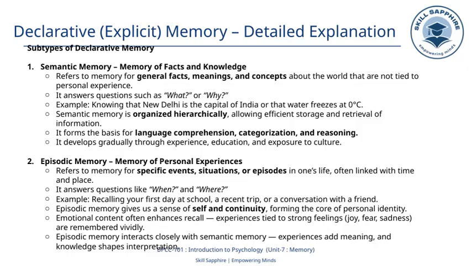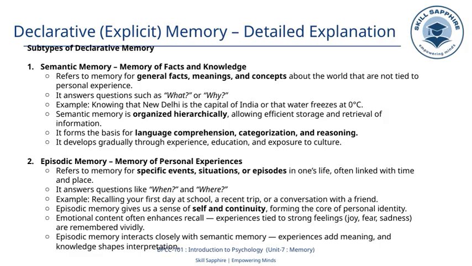Let's take a closer look at the subtypes of declarative memory. First, we have semantic memory, which is essentially our memory of facts and knowledge. This includes general facts, meanings, and concepts about the world that aren't tied to any personal experience. For example, knowing that New Delhi is the capital of India, or that water freezes at 0 degrees C are instances of semantic memory.